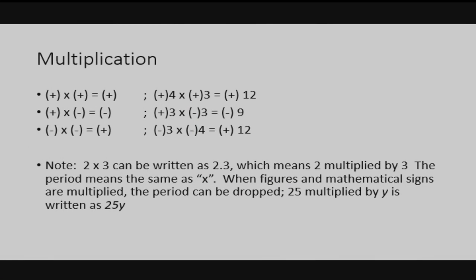Multiplication. Well, here, exactly the same kind of thing. And you'll see that the principle is carried through with the signs pretty much the same. So let's have a look at the first one. A plus multiplied by a plus equals a plus. Meaning that if you've got plus 4 and plus 3, then you will get a normal plus 12.